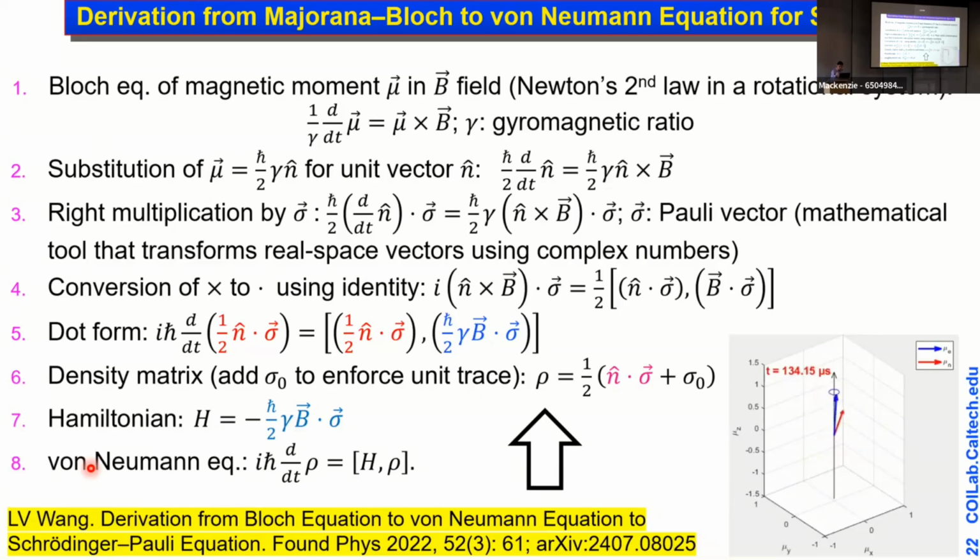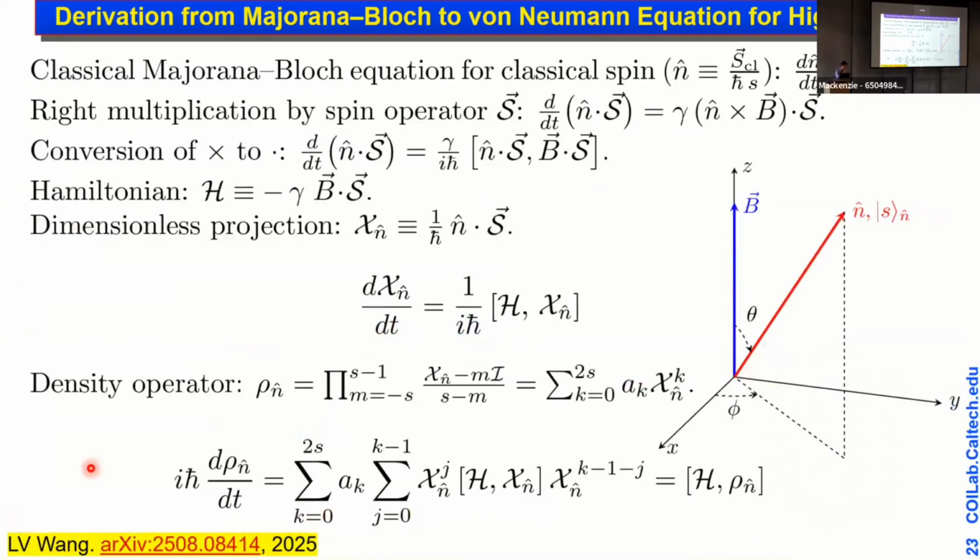Now, very recently, we found this derivation can be further extended to higher spins. We just posted this on arXiv a few weeks ago. The derivation is very much analogous. So here you do have a higher spin. We use S to represent the spin operator. Now you can similarly convert this cross product to a dot product, and you also see a commutator. You can define the Hamiltonian. Now you need to define this dimensionless projection first as an intermediate step, so you don't define the density operator right away.